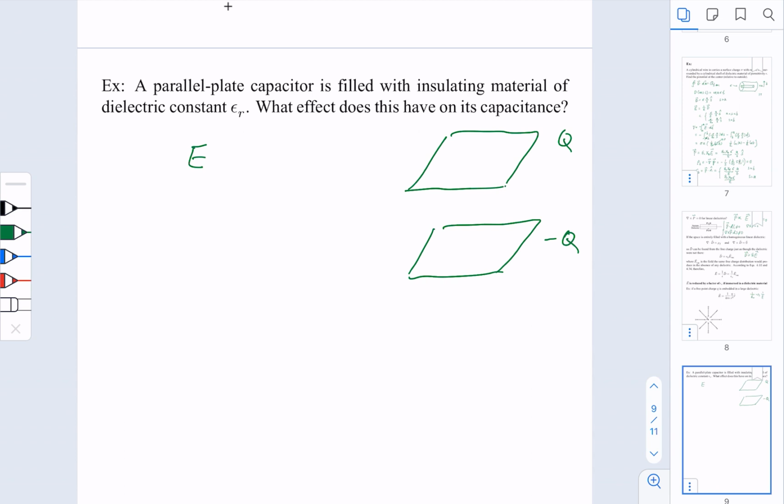From the E field, by doing an integral of dl, we can find out the V difference.